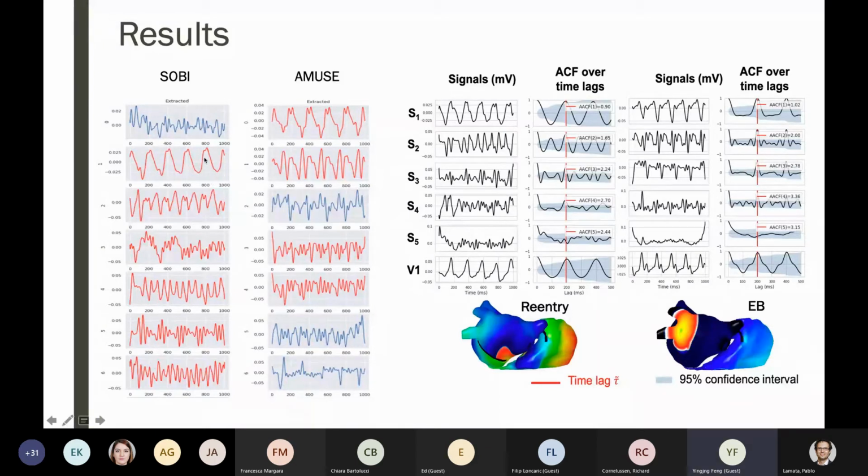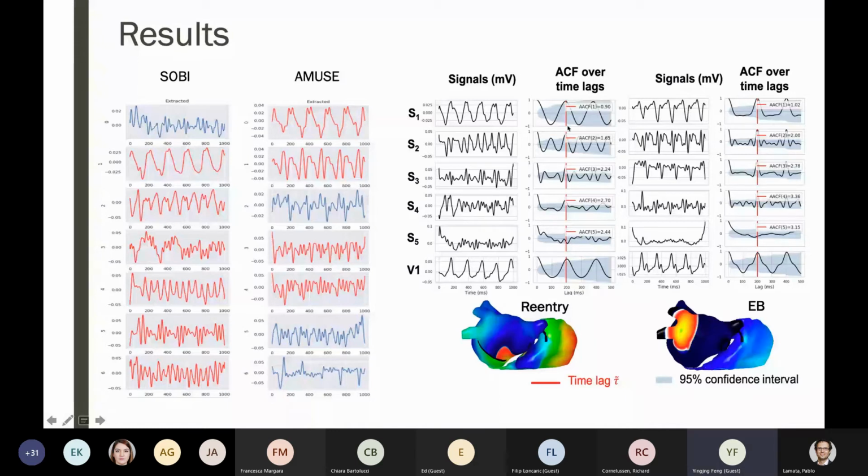We rank them and then find the one with the biggest eigenvalue but yet still a periodic source, and then we use Amuse to see for each source how the periodicity is regarding the tau we extracted from Solvi, and then we sum them up, the ACF function, which is the autocorrelation function, to see the periodicity.